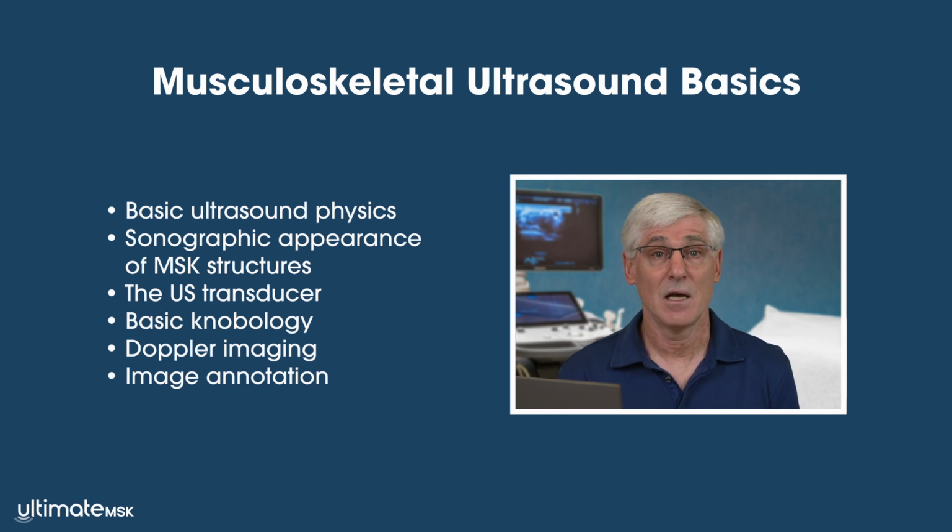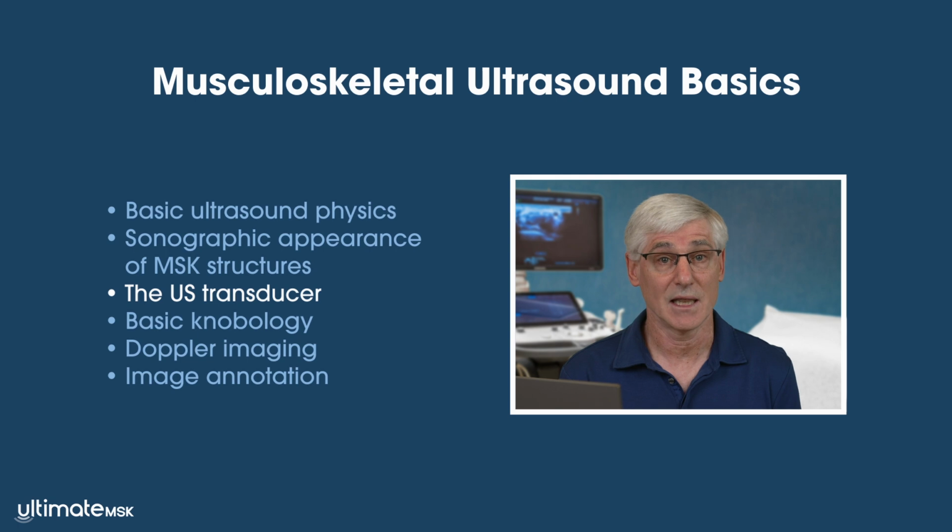In this lesson, I'll begin by covering basic ultrasound physics, which provides the foundation for understanding the ultrasound image and its optimization. I'll then build on this knowledge to discuss the sonographic appearance of the common musculoskeletal tissue types. Next, I'll demonstrate and review the optimal use of the transducer, including transducer selection, best practices for holding it, and key transducer movement terminology.